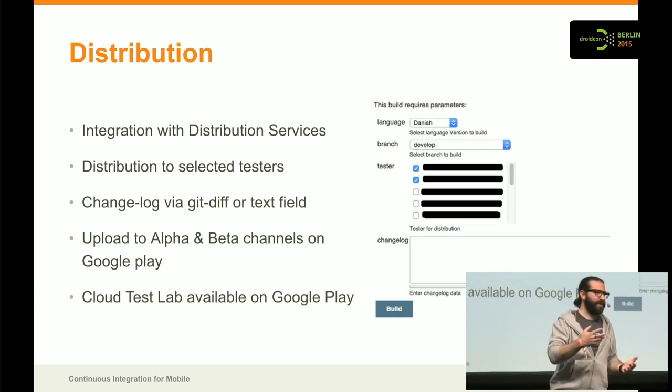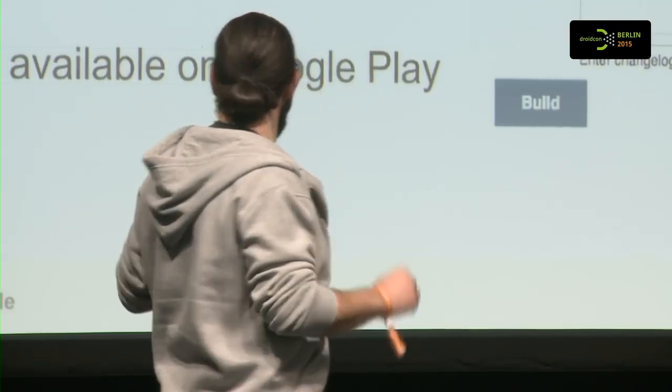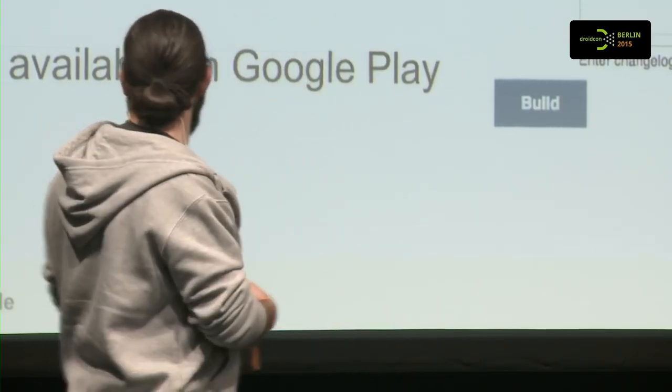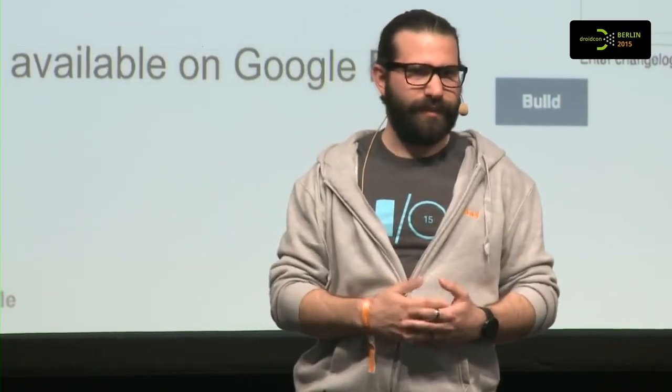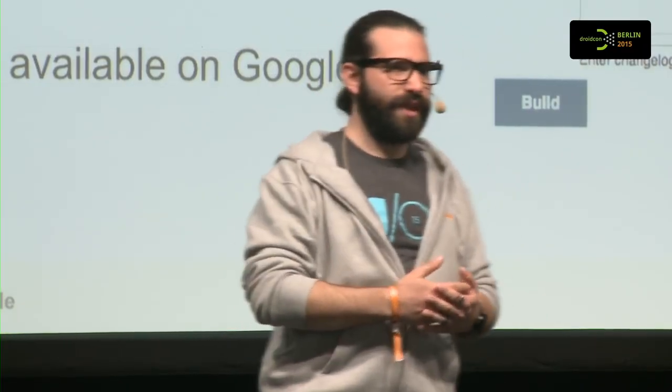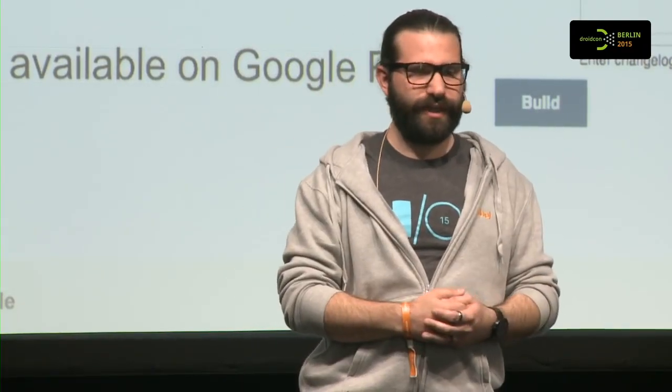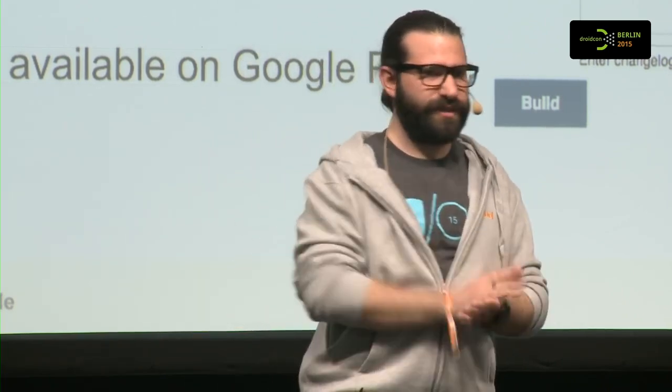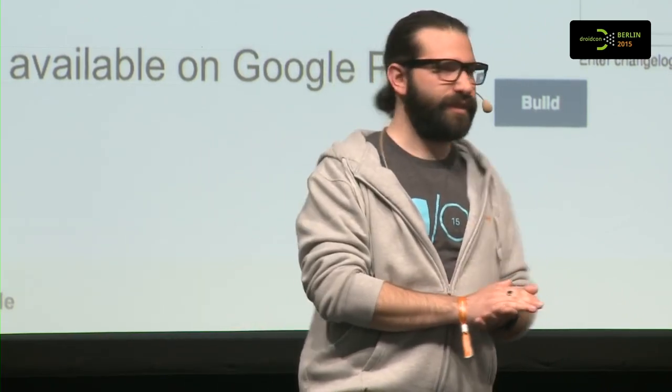And then the most important thing, how we publish to Google Play. Yes, a lot of people still want to have control over it, but last week Google announced the Cloud Test Lab that works with the alpha and beta channels of Google Play. There is also a very simple API to help you push your APK directly to the store. Let's not talk about the production environment, but just focus on the beta channel.